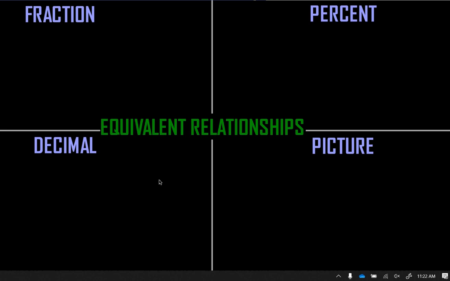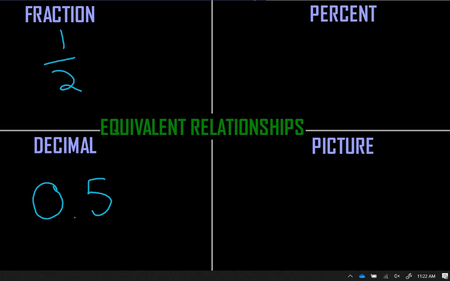So what I'm going to do is give us an example. Normally you do this in Math 6, but we also use the same strategies in Math 8. If I have the fraction 1/2, I'm able to be given one of these choices, or one of these windows, and I'm able to convert between each of them. I know that 1/2 is also 0.5.